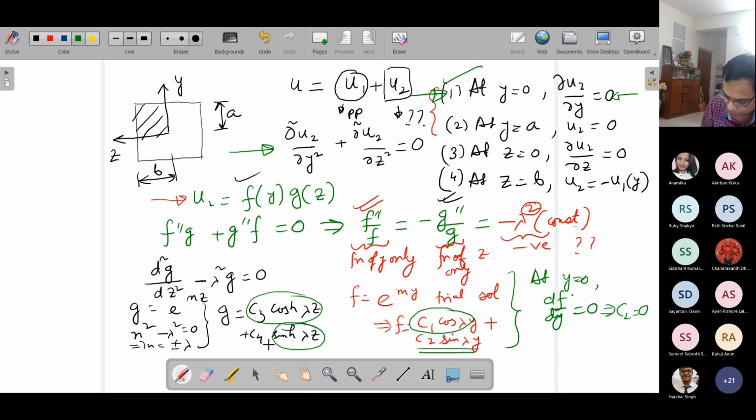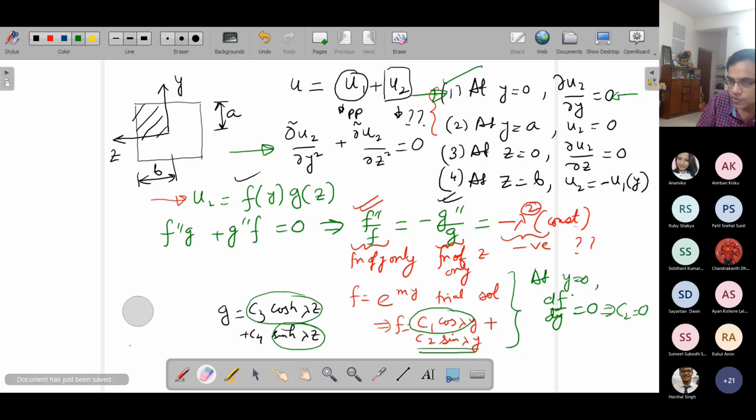So that means C4 equal to 0. So let me write the boundary condition here: at Z is equal to 0, dg dz is equal to 0, that will give you C4 equal to 0.